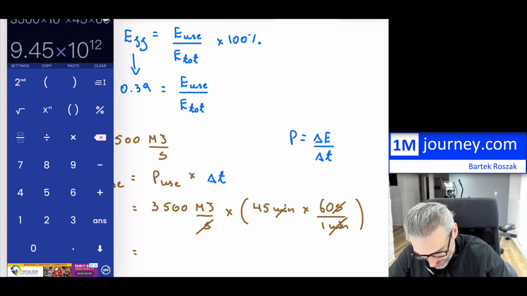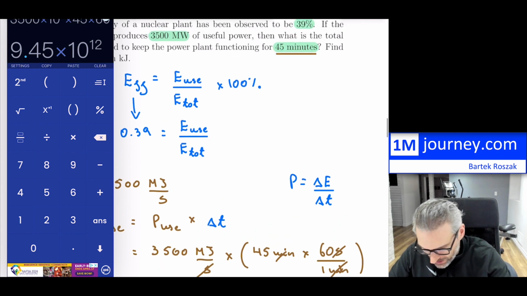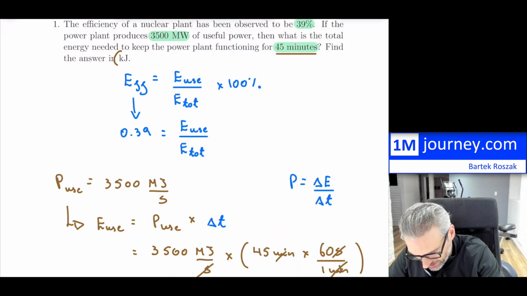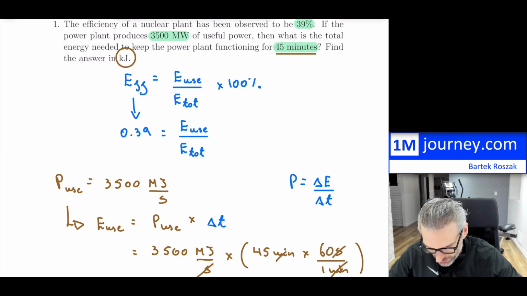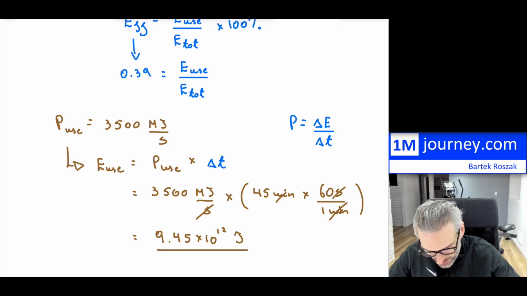So it's going to be an enormous amount. So 9.45 times 10 to the 12 joules. All right. Now I'm going to keep it in SI units, although they are asking the answer to be in kilojoules. So we'll change that afterwards. So we'll worry about that. All right. So this is the useful amount. So that is this right here.